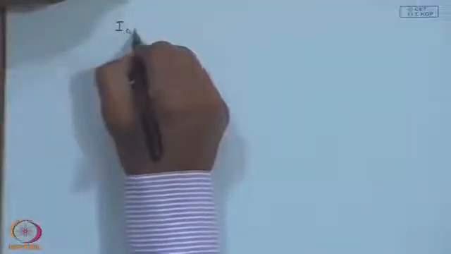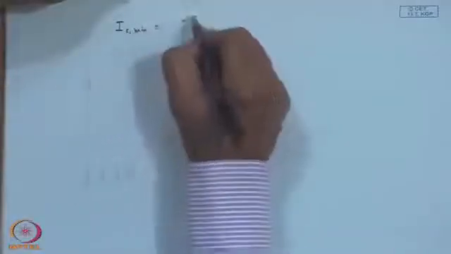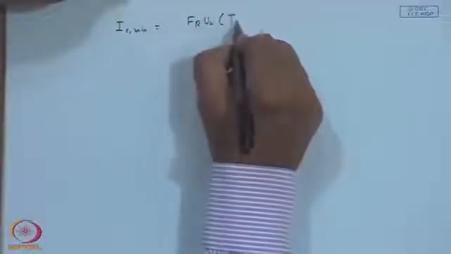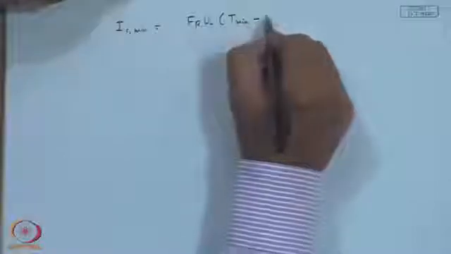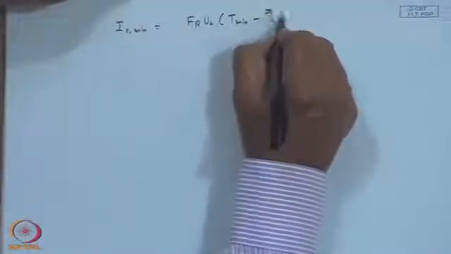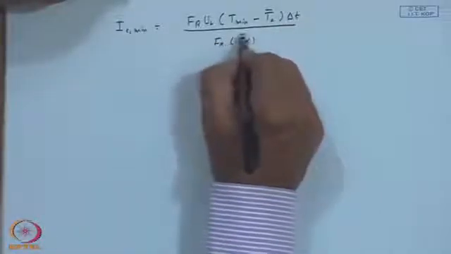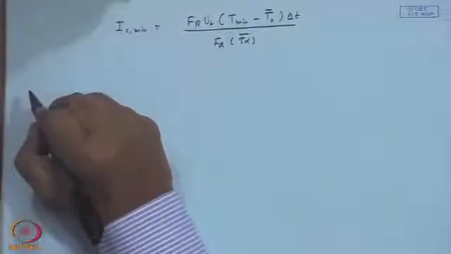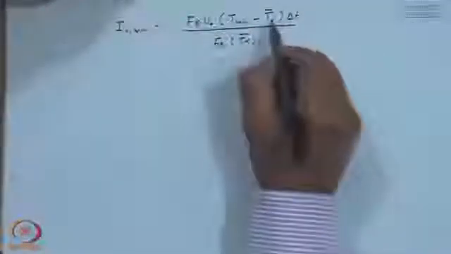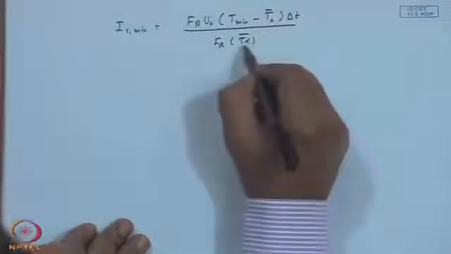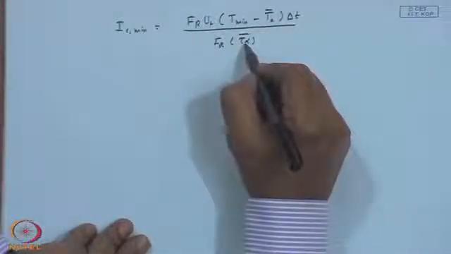And I c minimum will correspond to F r U L into the minimum temperature at which my energy delivery is desired times delta T upon F r tau alpha bar, because I have already extended to monthly average analogously, taking the average temperature divided by the average transmittance absorptance product over the month.